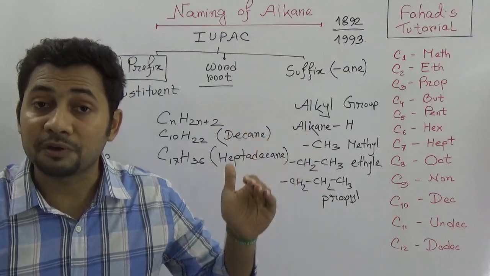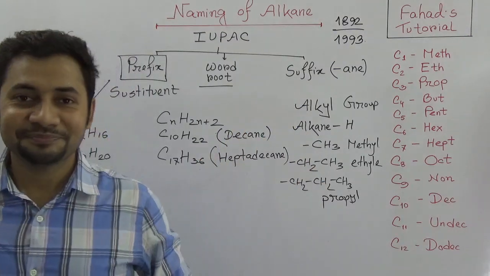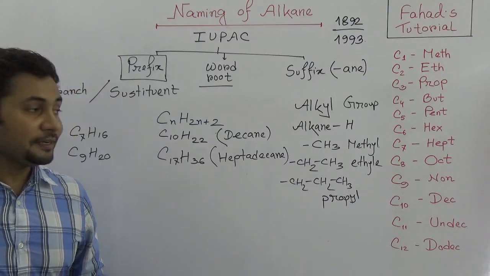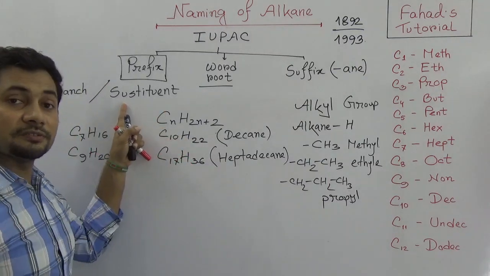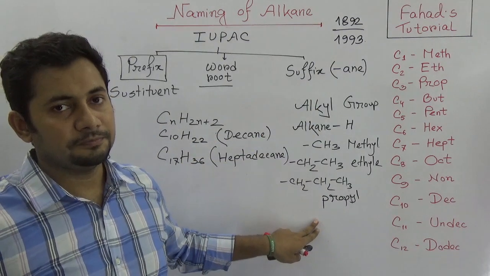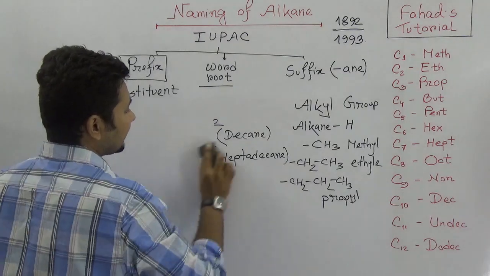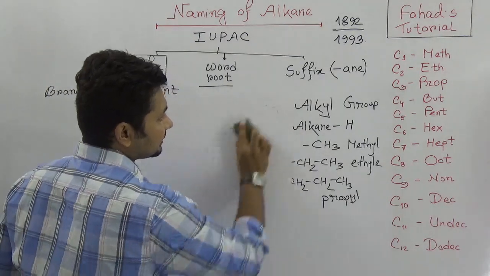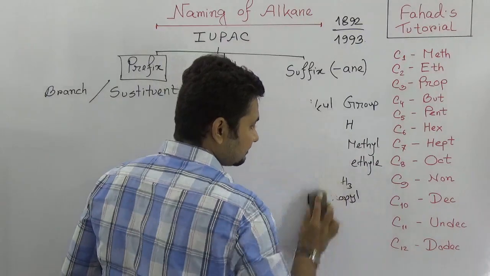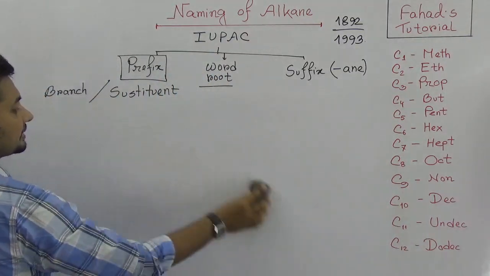But when there is a branch or substituent, we need to be careful. As we are going to study substituent right now, think about the alkyl group. Alkyl means what? When you remove one hydrogen from alkane, it is alkyl. Some names of alkyl are methyl, ethyl, propyl, butyl and pentyl.